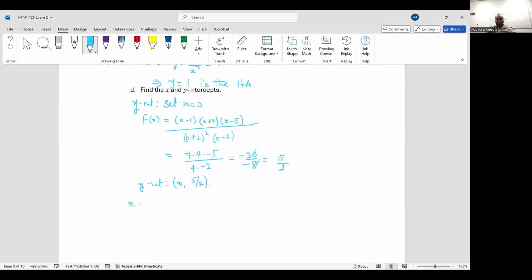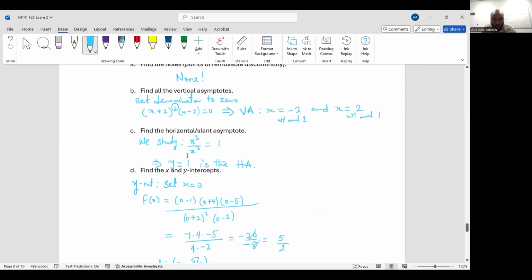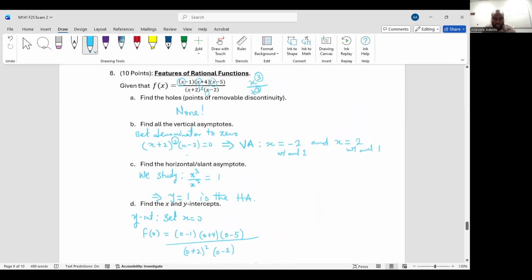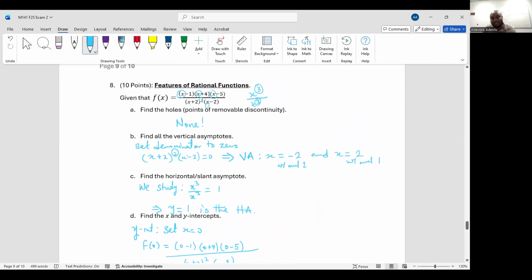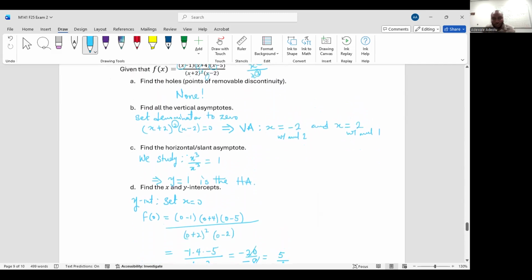Now, for the x-intercept, we need to set y to be 0. Or if you follow our work on rational functions, it means set the numerator to 0.